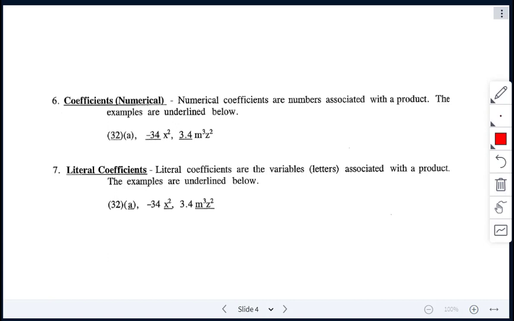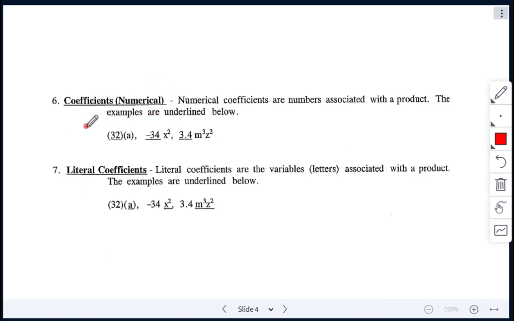All right, the next slide here, we're looking at coefficients. Coefficients, so co kind of meaning beside, so coefficients are either going to be numerical or literal. Now, literal coefficients are the variables. We don't talk about literal coefficients very much, but numerical coefficients you do need to know.